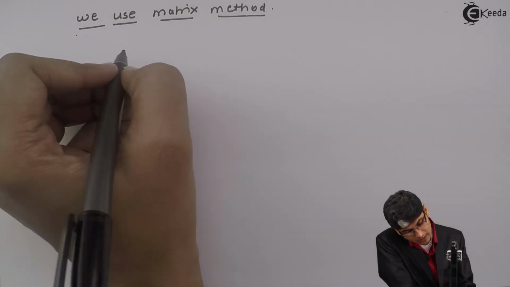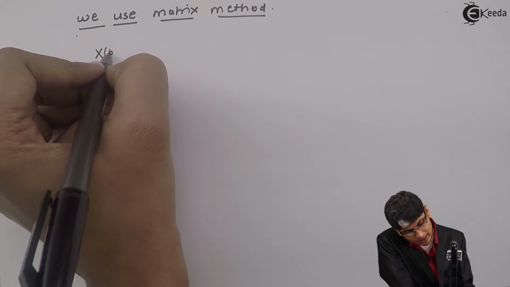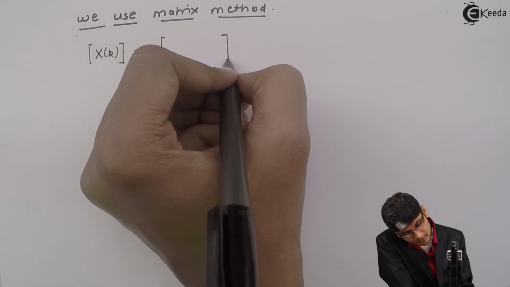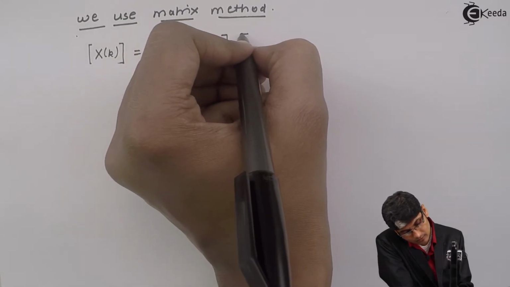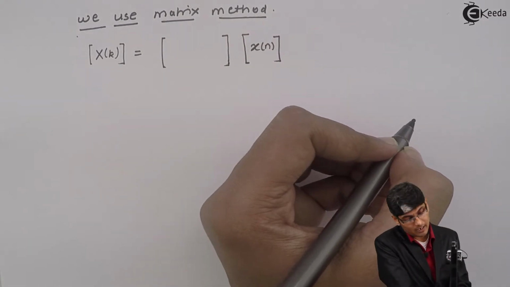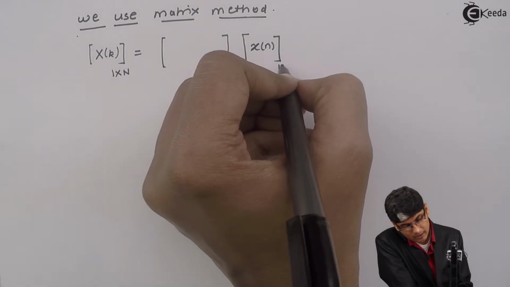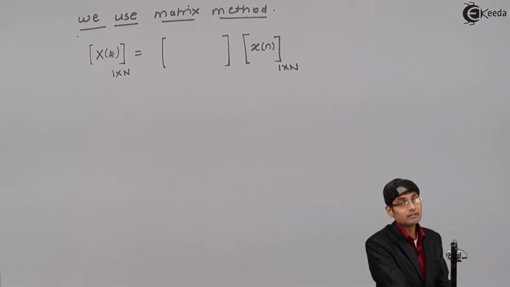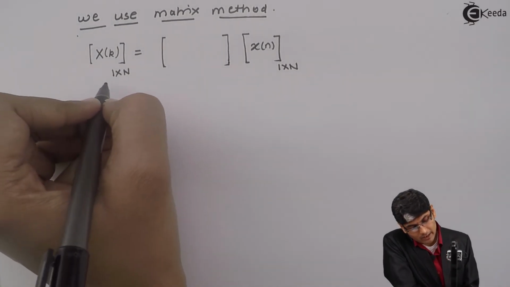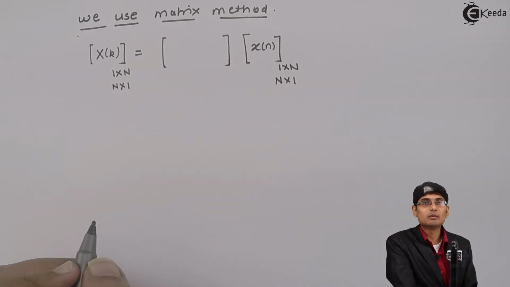So now in the matrix method, we will have x of k on one side, which is my result. I will have one matrix over here, and then we will have another matrix of x of n. Now this matrix will be 1 cross n length, this matrix will also be 1 cross n length, or depending on the multiplication you might get n cross 1 and n cross 1, no problem.